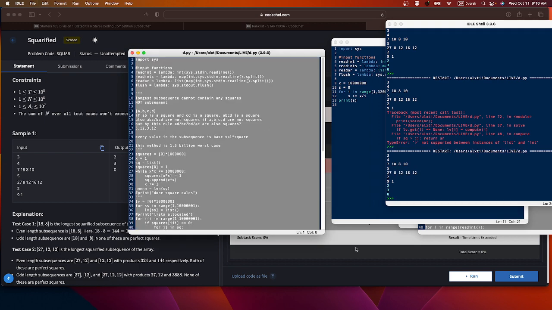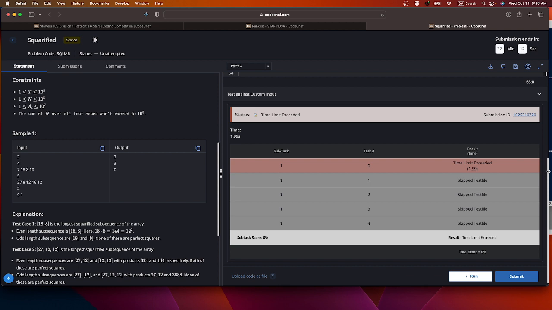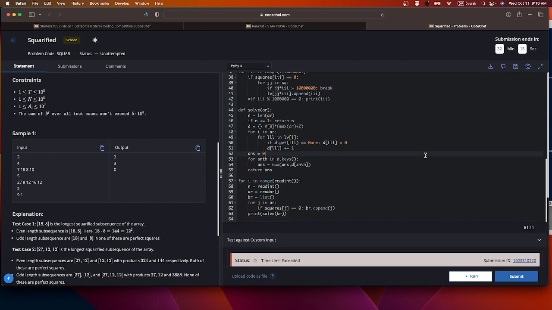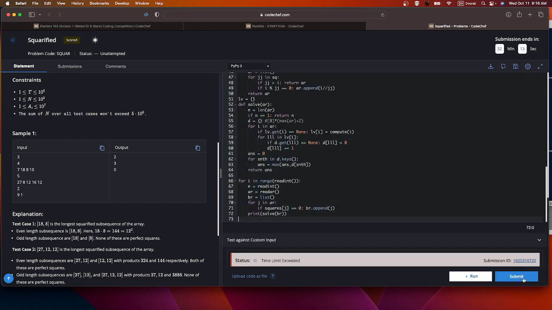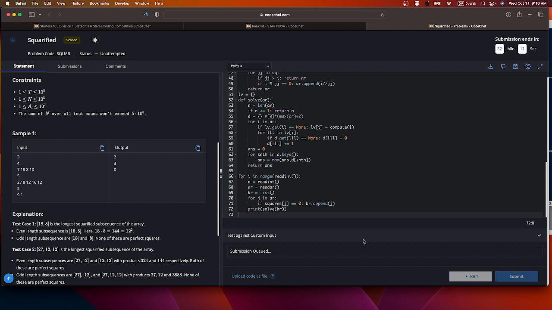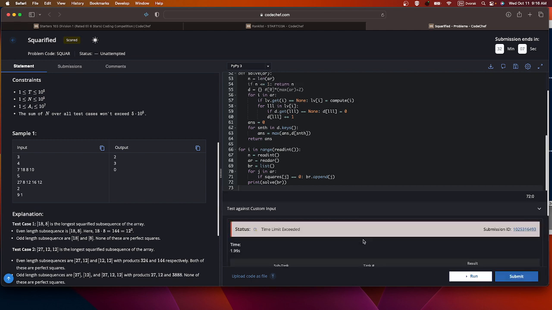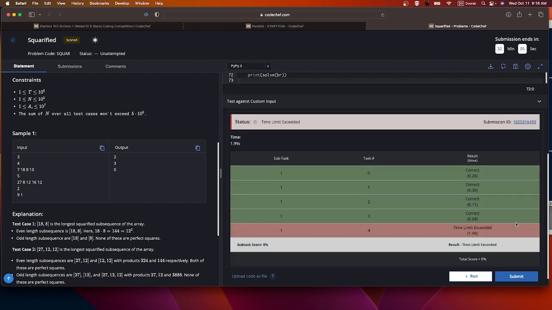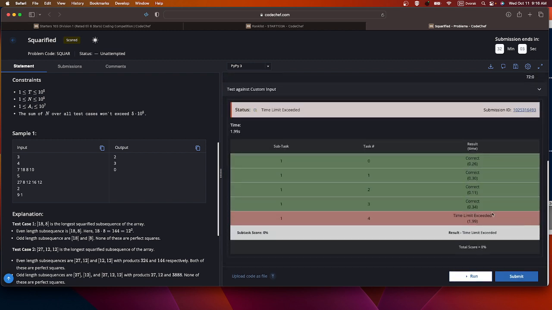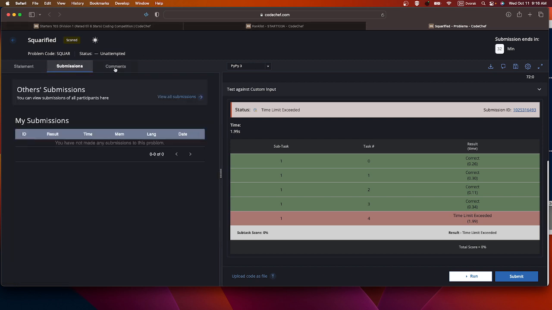Okay, give this a shot. I think this will be the dagger. Still TLE. We're getting closer. We have to be getting closer.